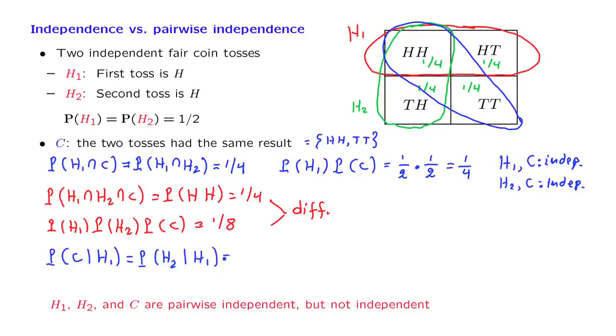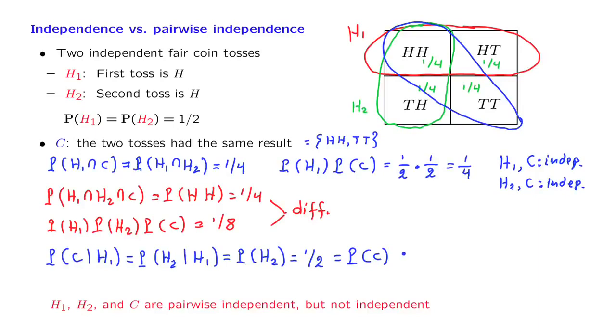And since H2 and H1 are independent, this is just the probability that we have heads in the second toss, and this number is 1/2. And 1/2 is also the same as the probability of C. That's another way of understanding the independence of H1 and C.